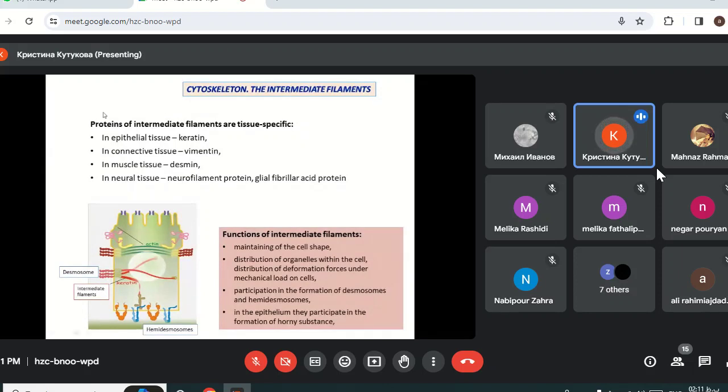So the cells of epithelial tissue will have intermediate filaments which consist of keratin protein. In connective tissue, of vimentin protein, in muscle tissue of desmin, and in neural tissue where we have neurons and glial cells, we will have neurofilament proteins in neurons and glial fibrillary acidic protein in glial cells.